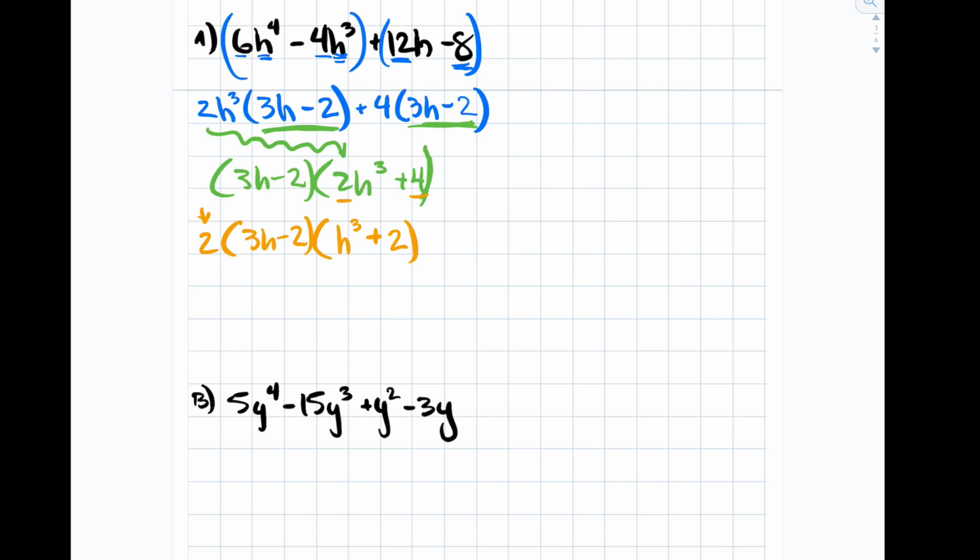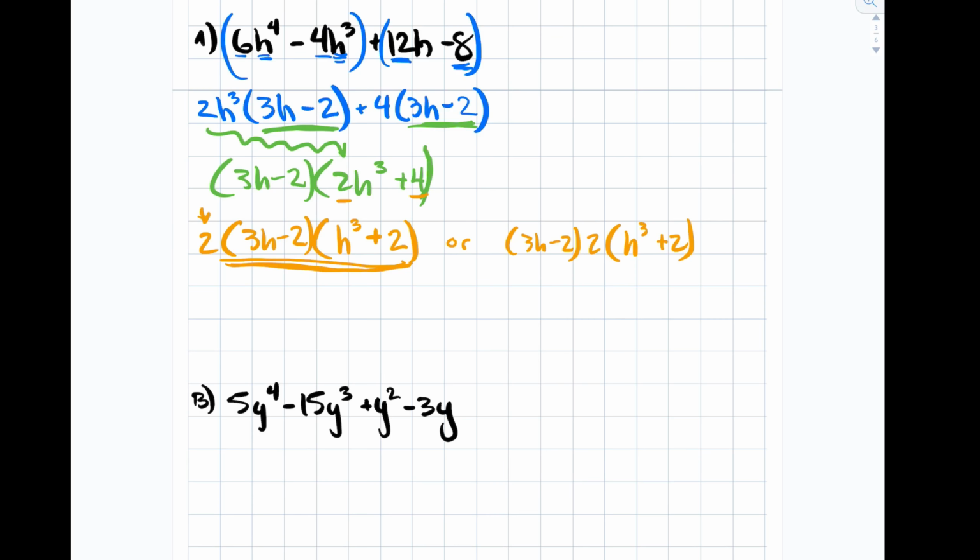I just did that because you can write multiplication in any order. This is just typically how you do it. This is how you'll see it in textbooks, and how you'll see professors write it. You can, however, write it this way if you like: h to the third plus 2. It's just typically not done that way.